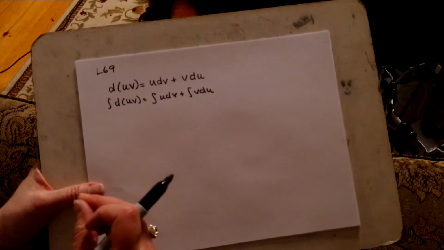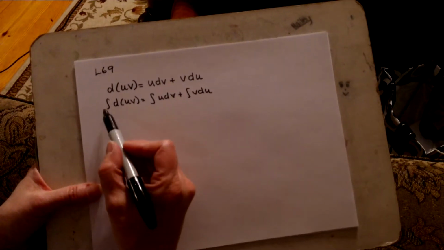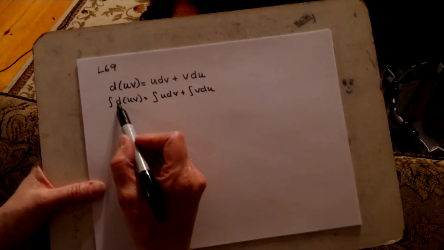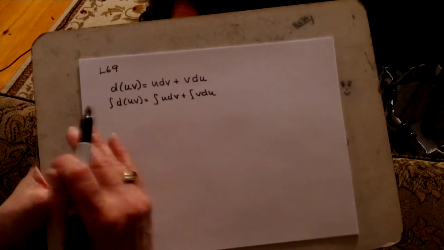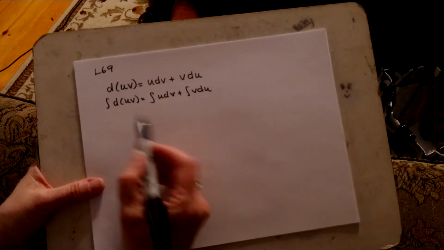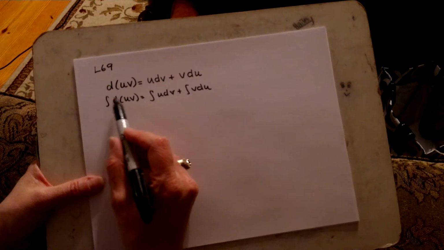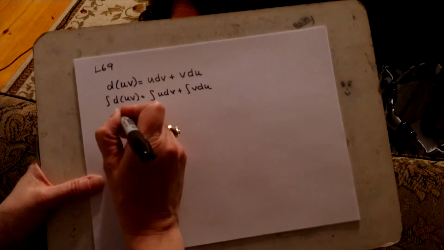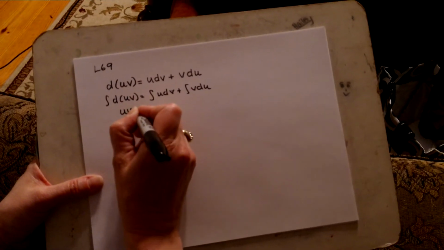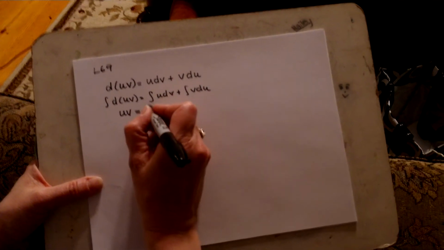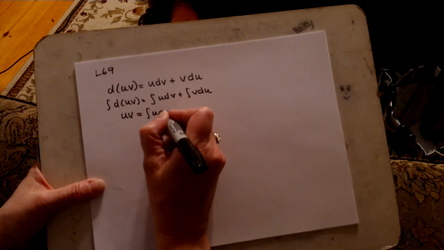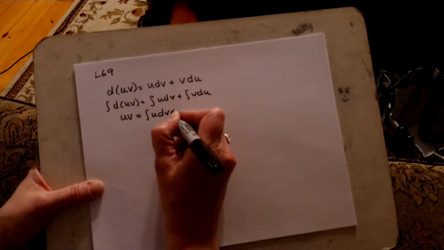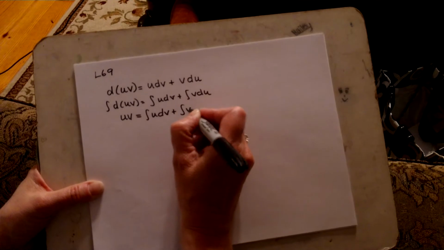Now, we remember that taking the integral and finding the derivative are the inverses of each other. They're the reverse. So the integral of the derivative of uv is just the product uv. So we can replace that. So uv is equal to the integral of u dv plus the integral of v du.